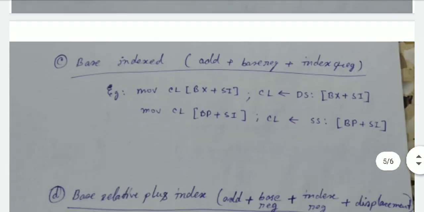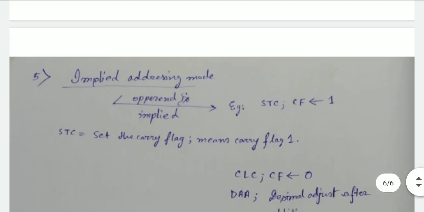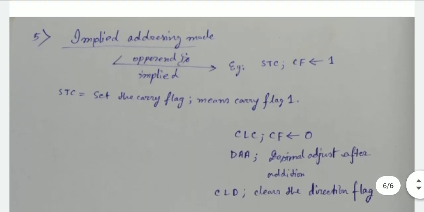Come to the fifth addressing mode, the implied addressing mode. It is quite different from the others. What does it mean? Implied addressing mode is very easy. We give nothing, not the address, not the data.